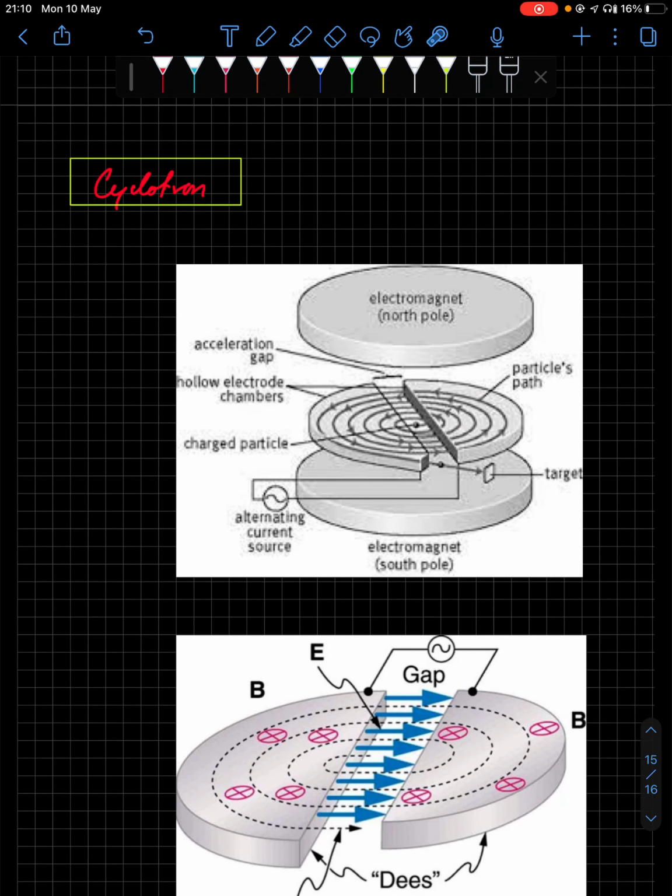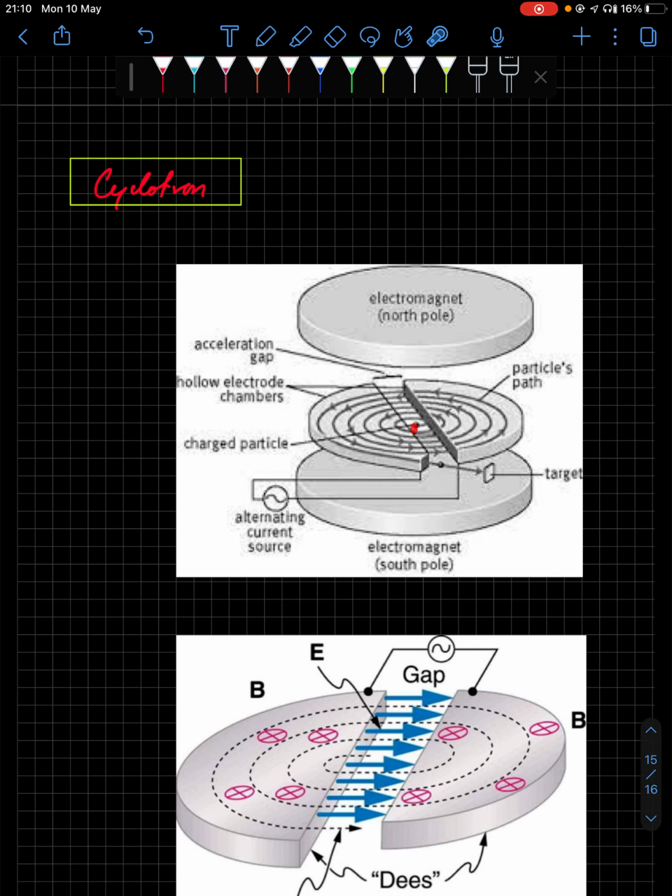Now what do you use the cyclotron for? The cyclotron is used to accelerate positively charged particles. For that, in this setup, you have to apply a high frequency electric field across the Ds, and the magnetic field is perpendicular. You can see the north pole is here and the south pole is here, so the magnetic field lines will go in this manner.